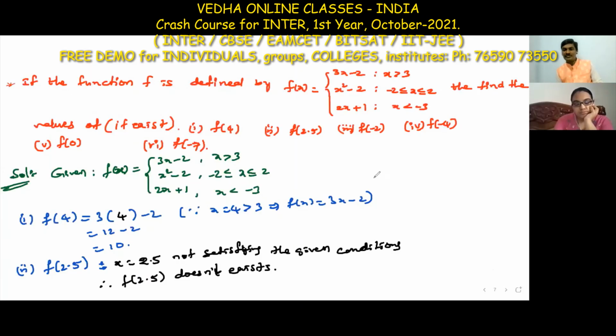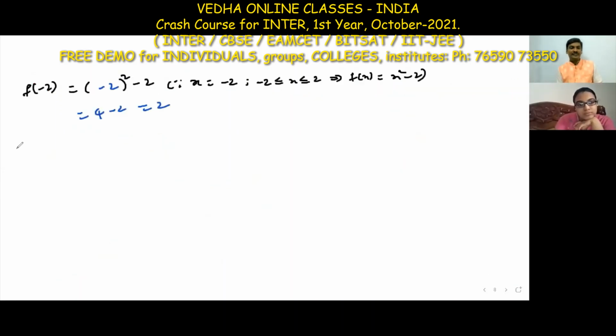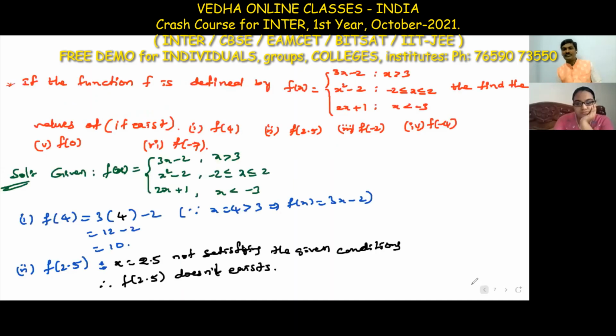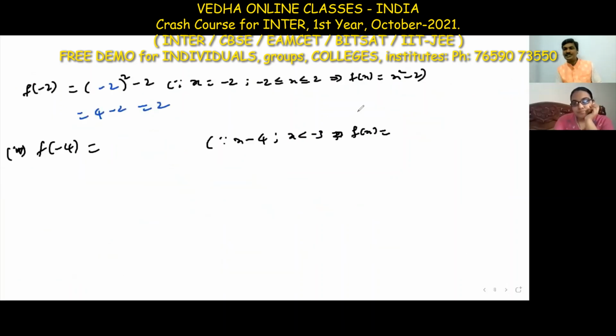After this, the fourth one is f of -4. -4 is less than -3, so we take the 2x plus 1 function. x is equal to -4, satisfying x less than -3, and the function is 2x plus 1.